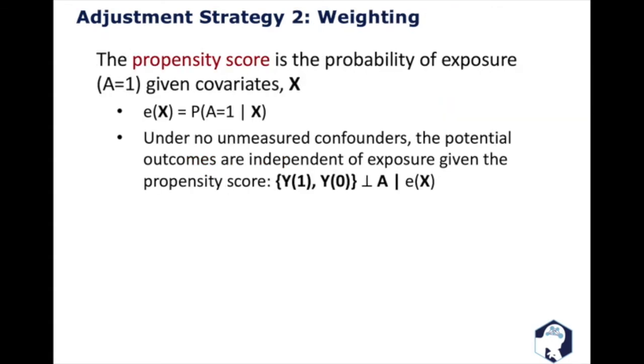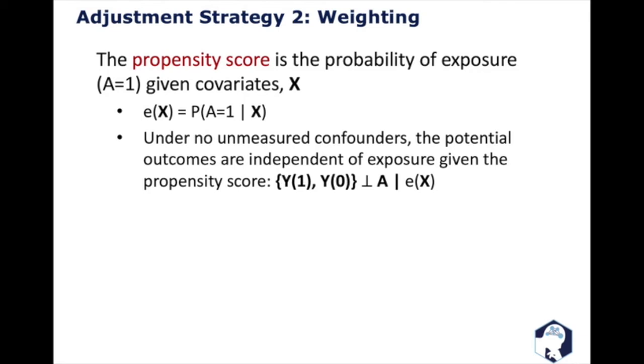The second adjustment strategy that we'll walk through is using weighting. And for this, we're going to introduce the propensity score, which is the probability of exposure given covariates or confounders X. So we'll denote the propensity score by e(X). And this is, again, going to be the probability of exposure, so the probability that A equals 1 given a certain set of confounders.